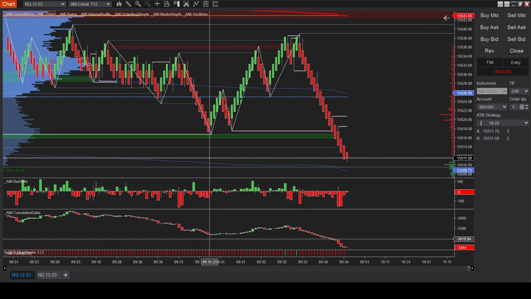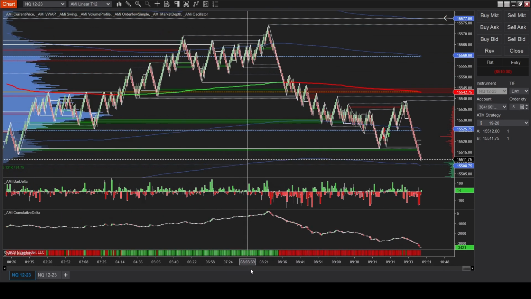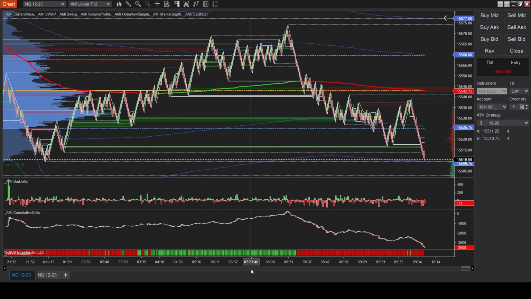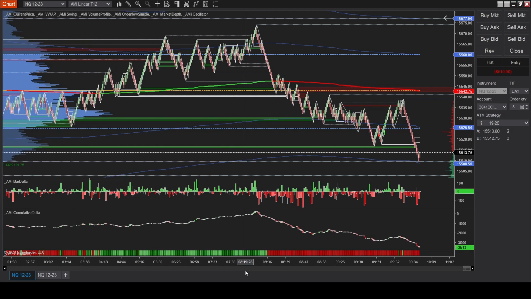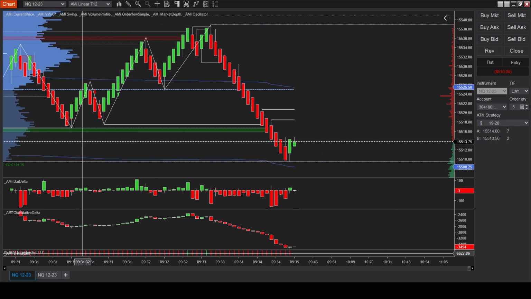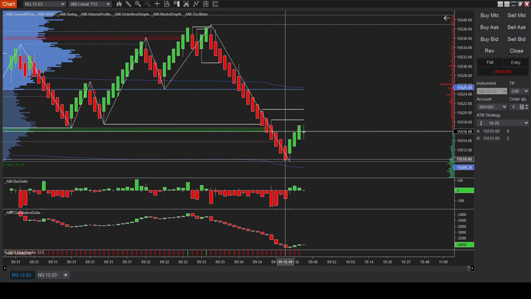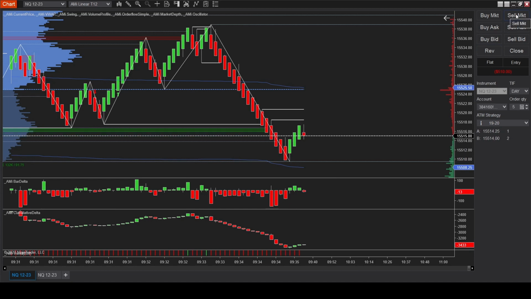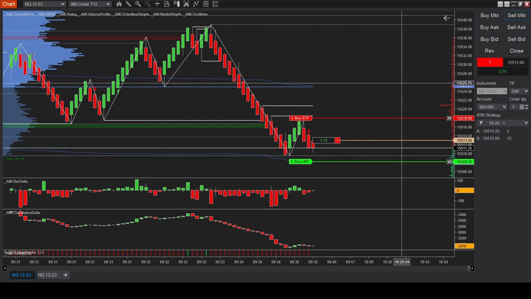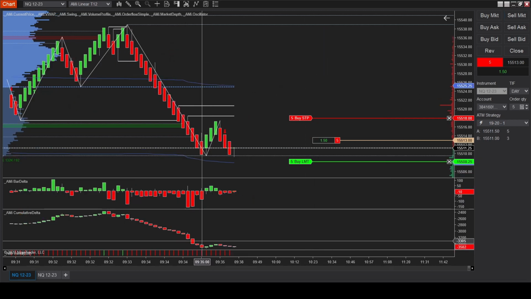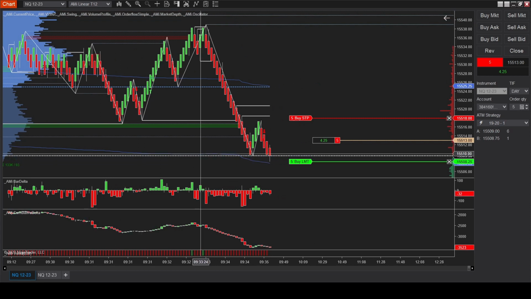Very nice push in cumulative delta too. Price came to the tick. I'm gonna take a short here, see if we can clear that overnight low.